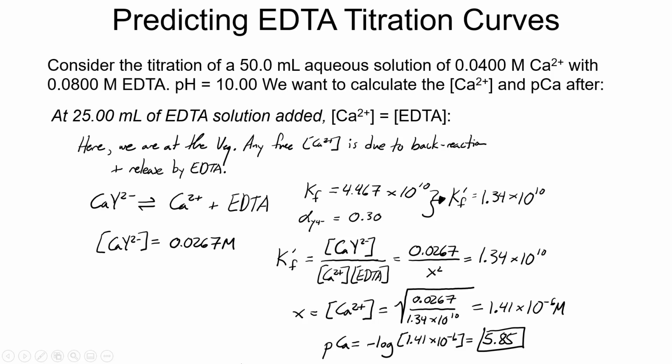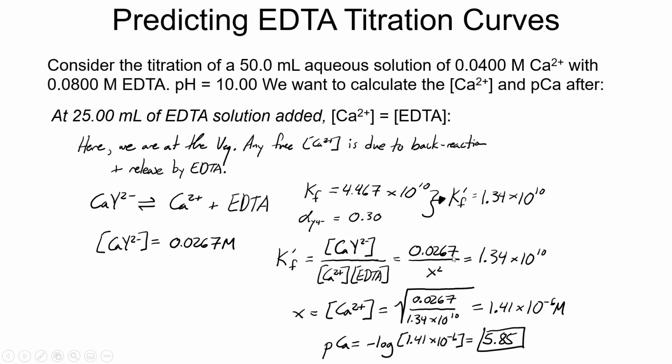Unlike region 1, this is an equilibrium situation, because all the calcium in solution we consider to have come into the solution by the very small but significant breakup of the CaY2- complex. So as we should expect, we find the calcium concentration ultimately through the relevant equilibrium constant, which is the conditional formation constant.